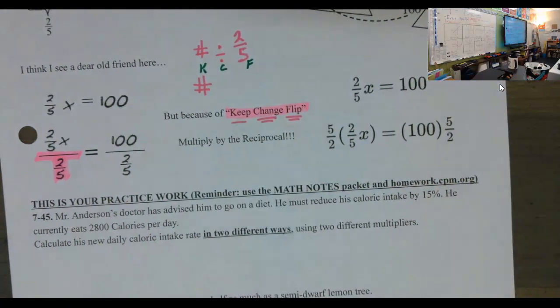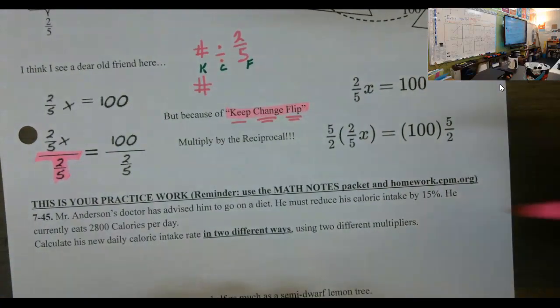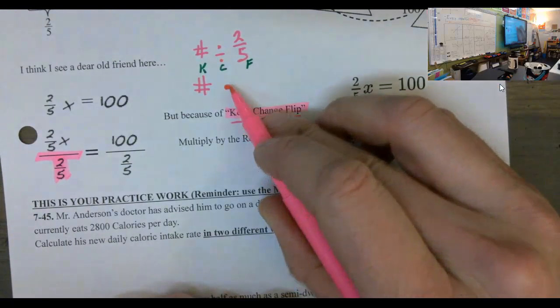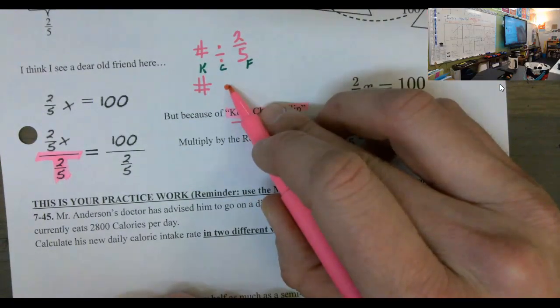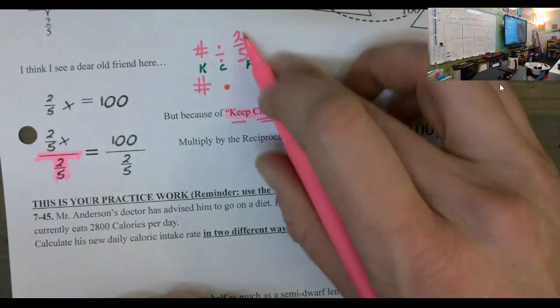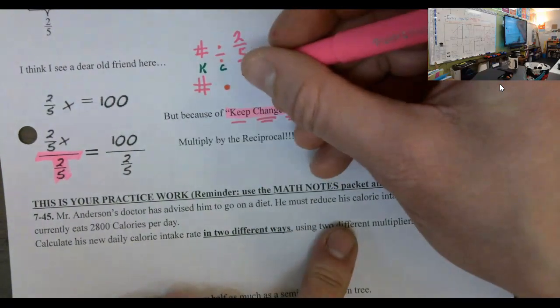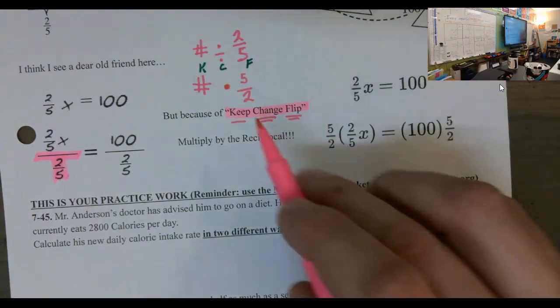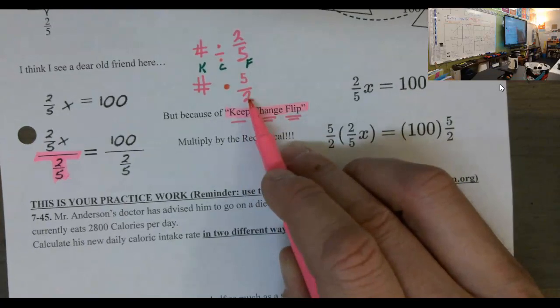And what would we change it to? Multiplication. But because we changed from division to multiplication, what do we also have to do? Flip that second number, the second thing there, which in this case is a fraction. Oh, so now we're multiplying by 5 halves.